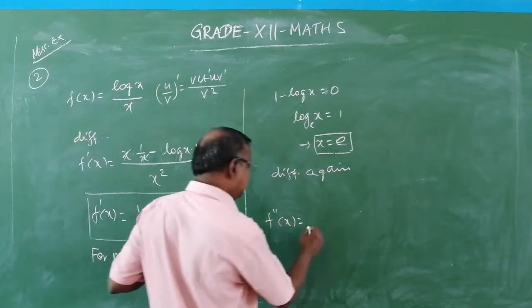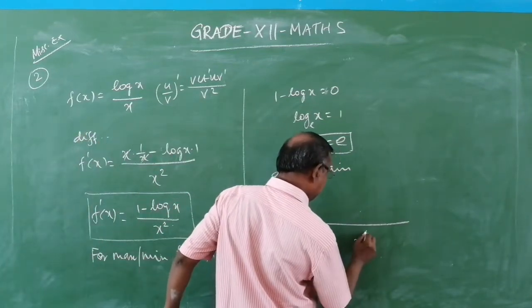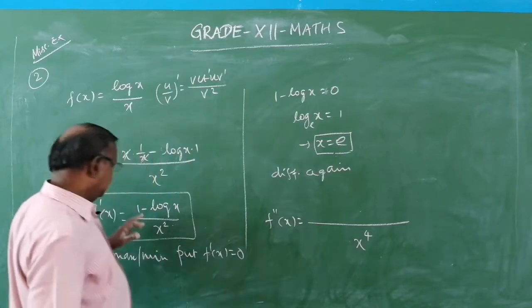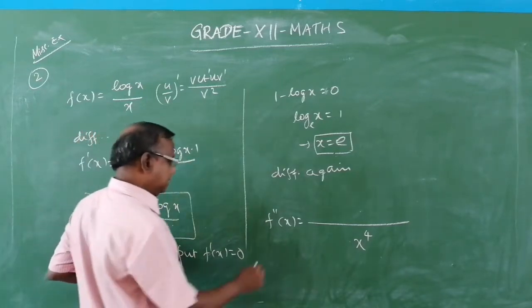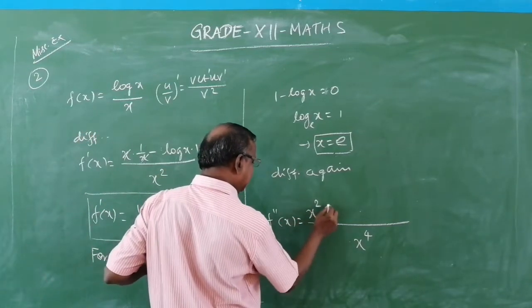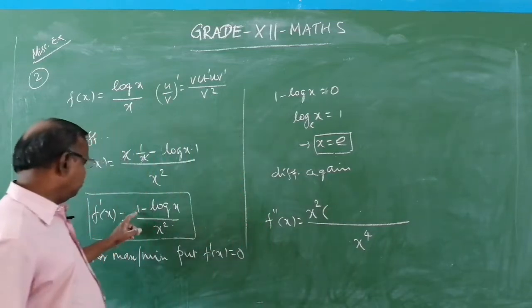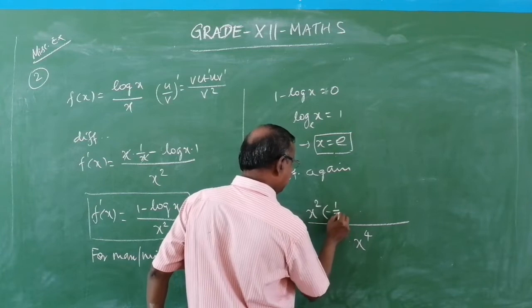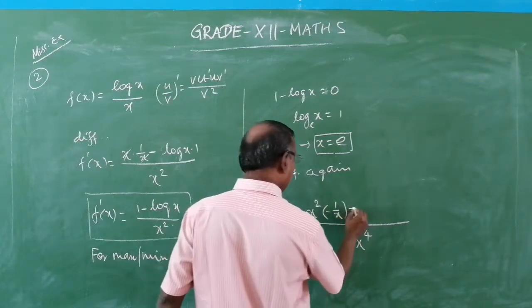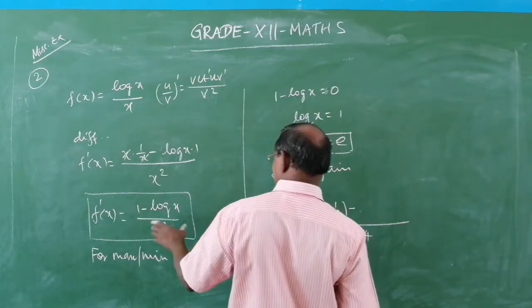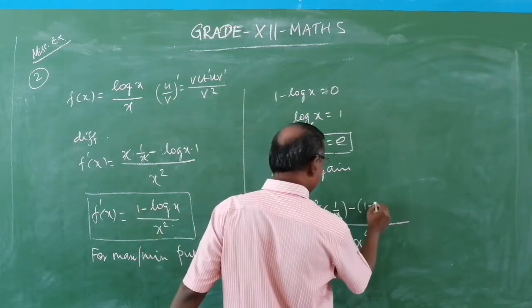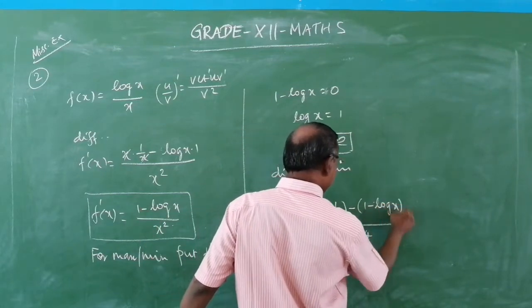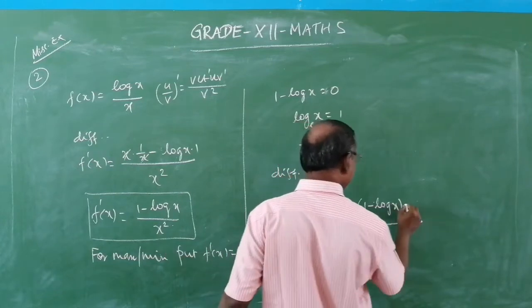Now the denominator is v square, that is x power 4, and v into u dash, that is x square into u dash, which is minus 1 by x, again minus u into v dash, 1 minus log x into differentiating the denominator, which is 2x.